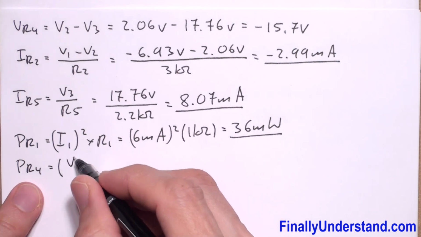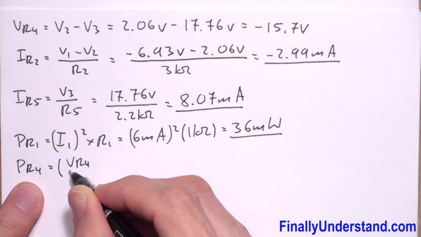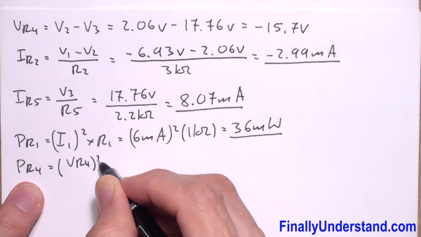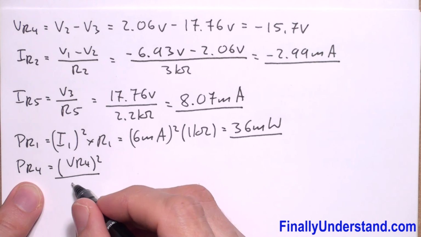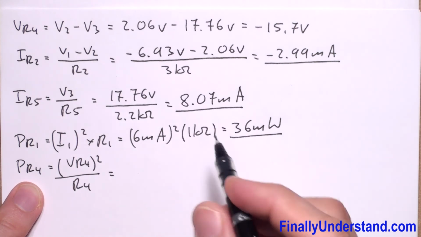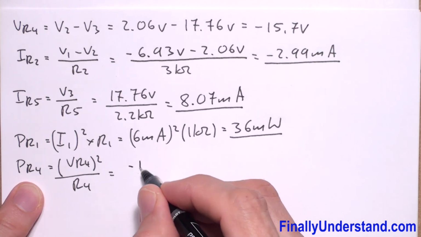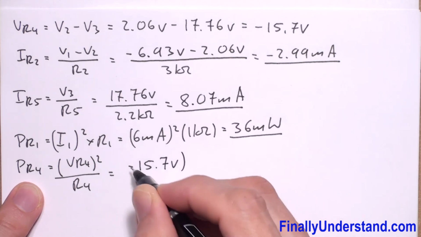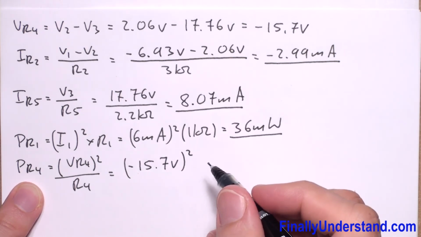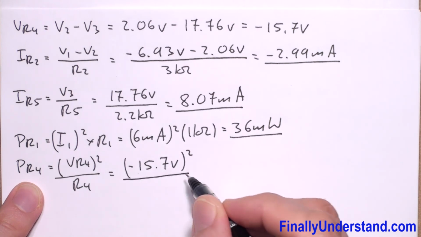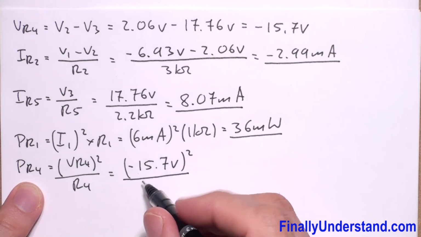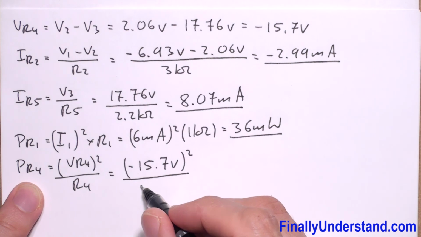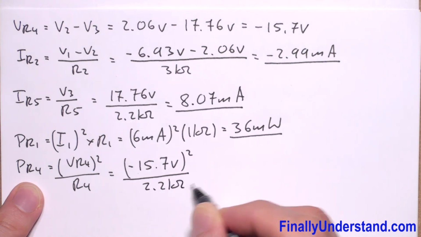This is VR4 to the second power over R4. So this is negative 15.7 volts raised to the second power divided by 2.2 kiloohms.